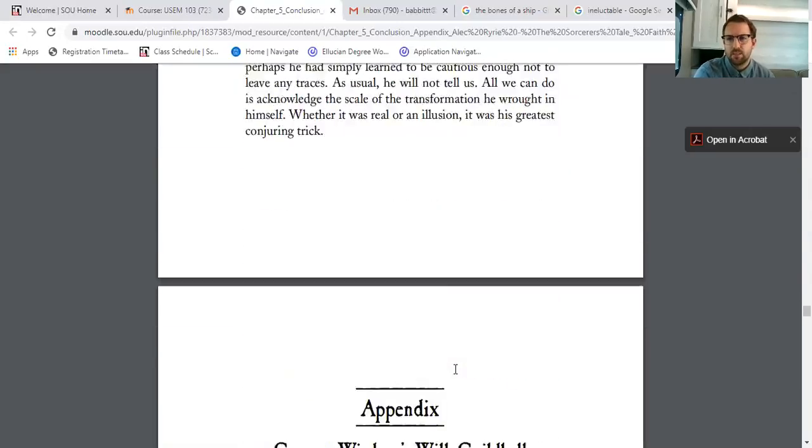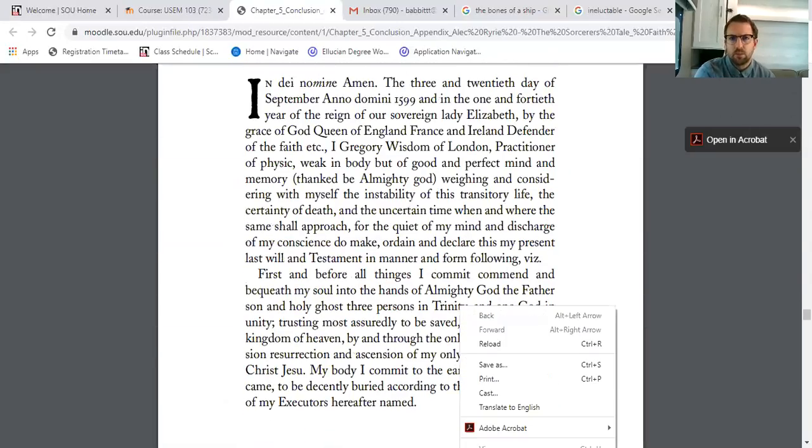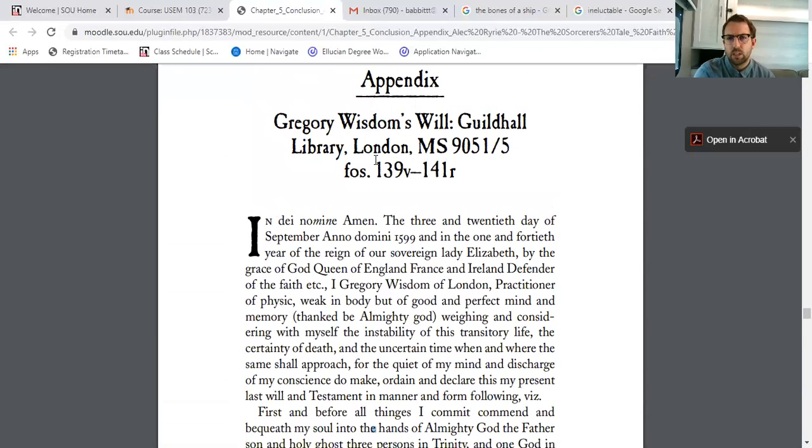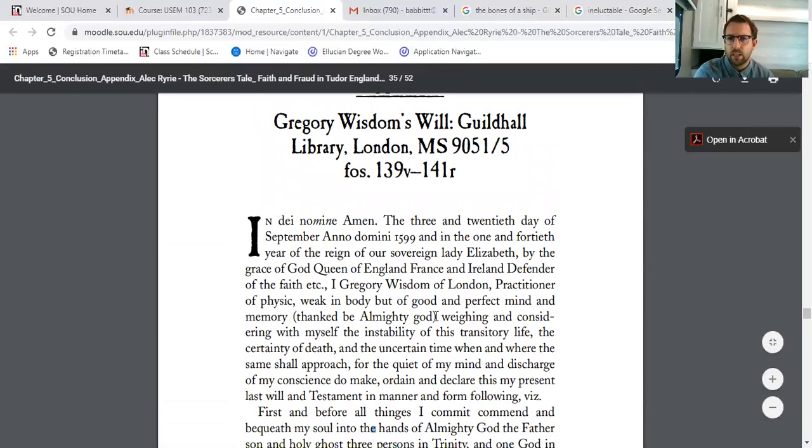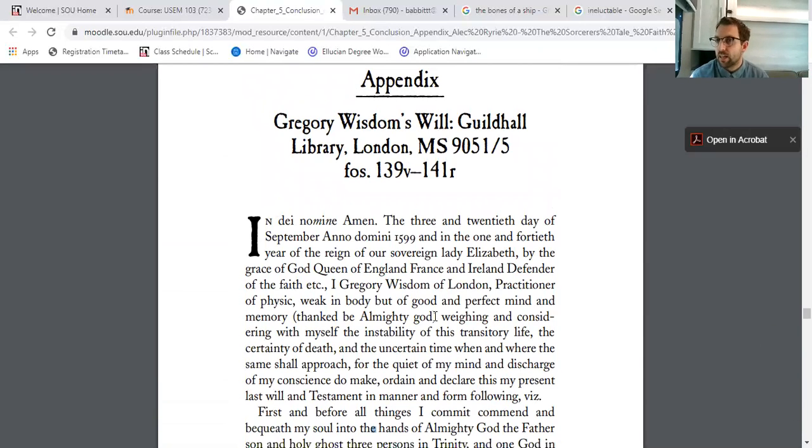And then the appendix gives the will, if you look at this. It gives Gregory Wisdom's will, and that opens up some of the places of the arguments of fact to the types of evidence that are used. I'll speak to the significance of that when I do the summary videos for next week.